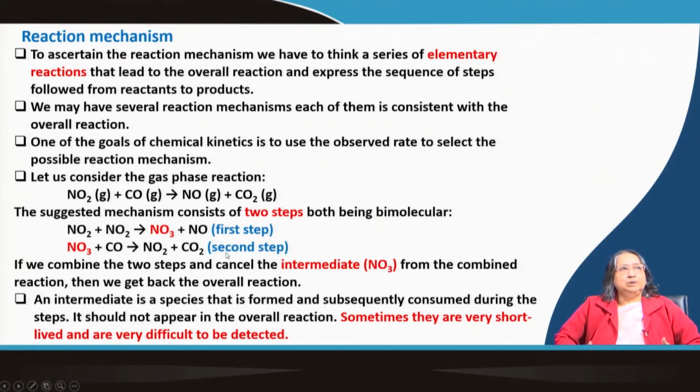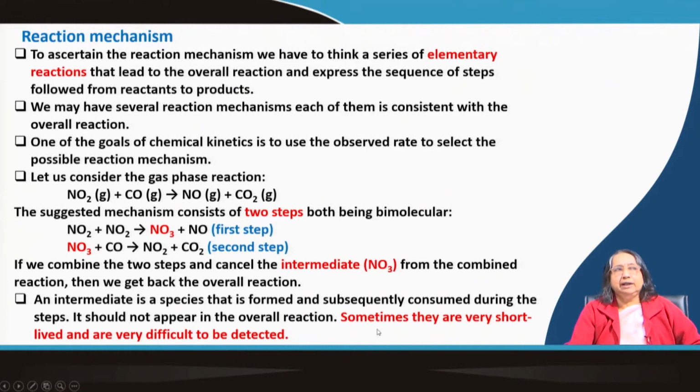So, when you write a combination of elementary reactions for an actual reaction, you have to keep in mind that you may produce some intermediate, but the intermediate should not be there anymore in the balanced equation. It should be consumed. An intermediate is a species that is formed and subsequently consumed during the steps. It should not appear in the overall reaction.